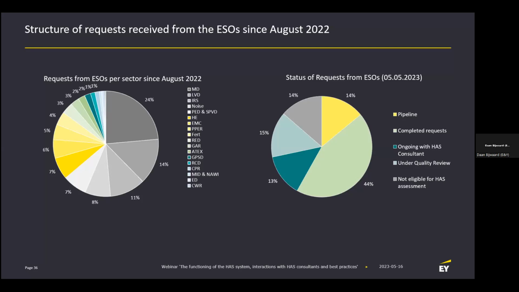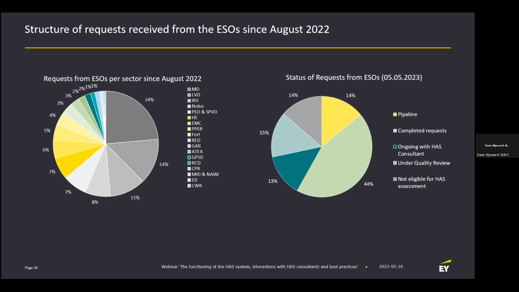I looked at it yesterday, so the data you see here is from a bit earlier, from the 5th of May. Yesterday, about 45% were completed. Completed means here that they have been uploaded to the CCMC system and sent back to the Commission. So these are fully completed assessment reports that have been sent back to the requesters.